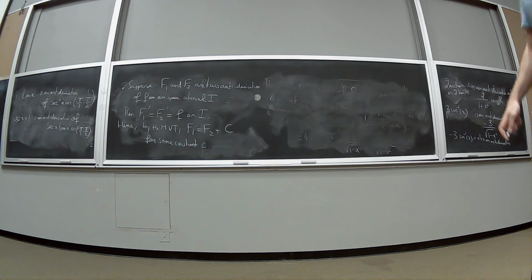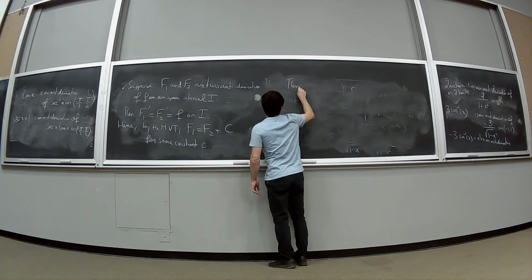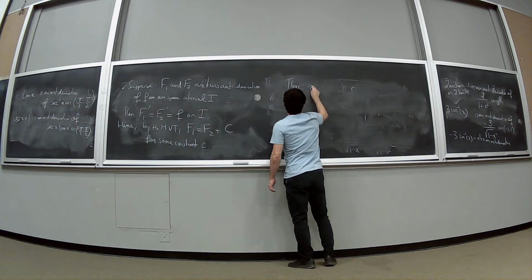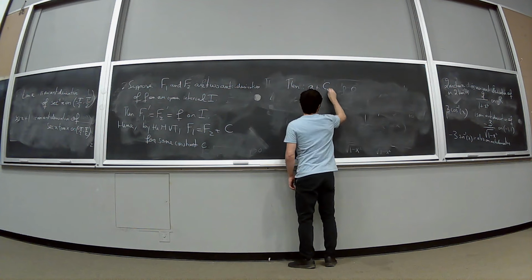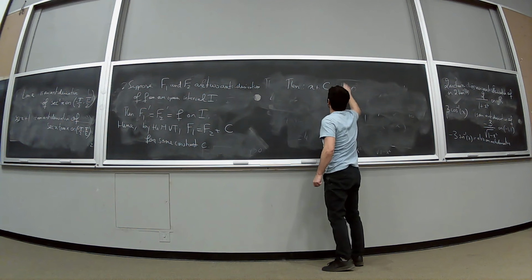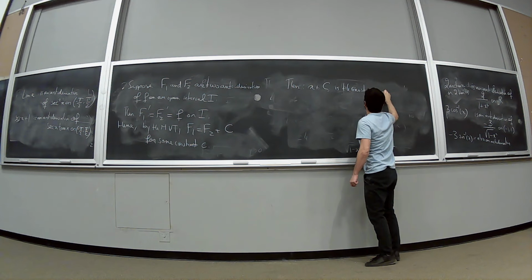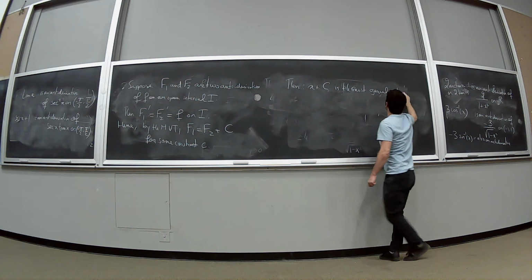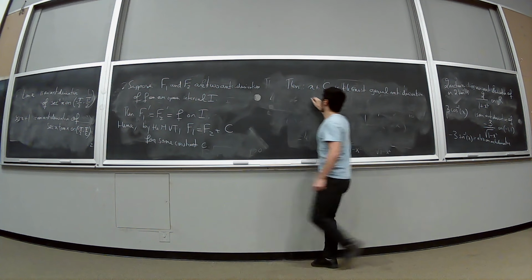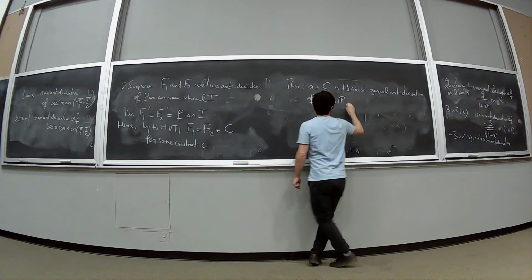Let's give an example. Then x plus c is the most general antiderivative of 1 on R. What do we write?